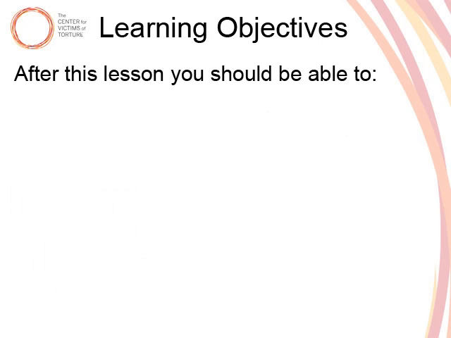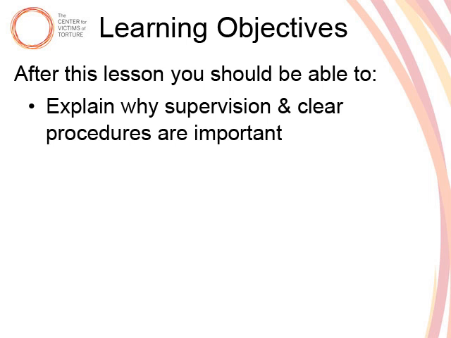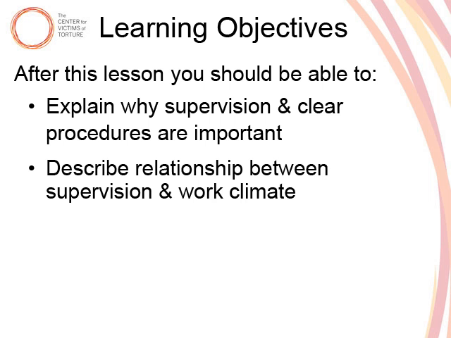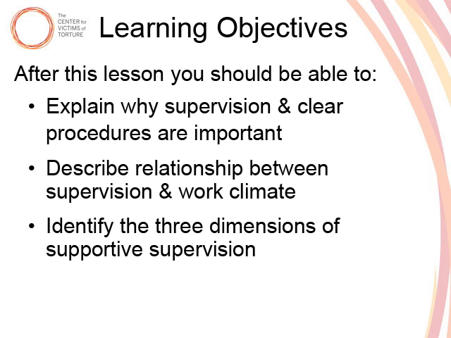After this lesson, you should be able to explain why supervision and clear supervisor procedures are important from an organizational development perspective. Describe the relationship between supervision and work climate. Identify the 3 dimensions of supportive supervision.